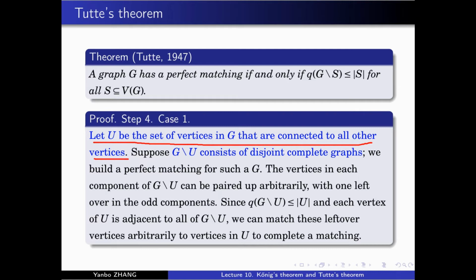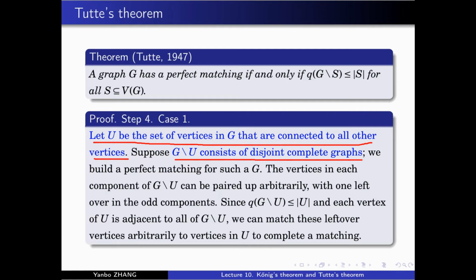Suppose G - U consists of disjoint complete graphs. This is case 1. If G - U has a component which is not complete, we consider it as case 2. Here, we consider only case 1.